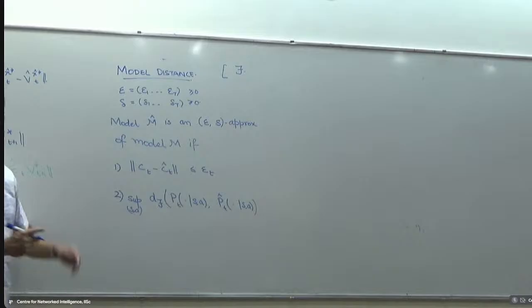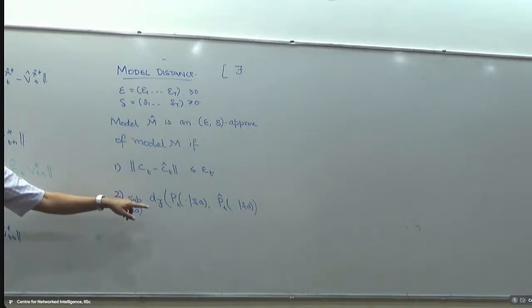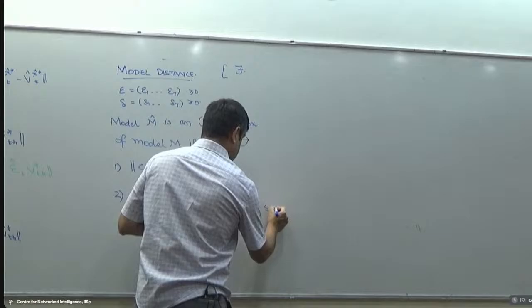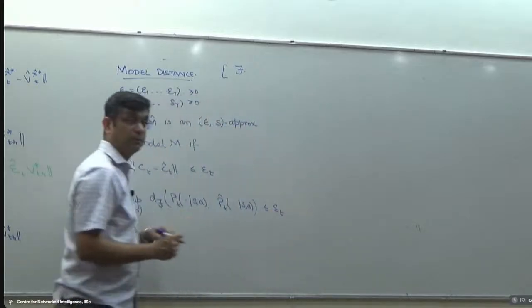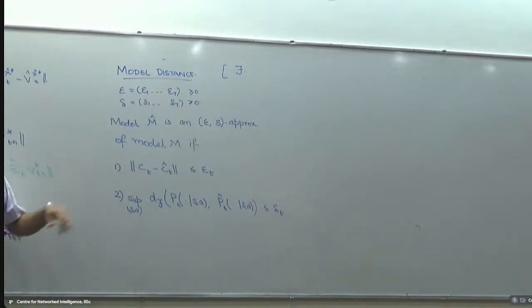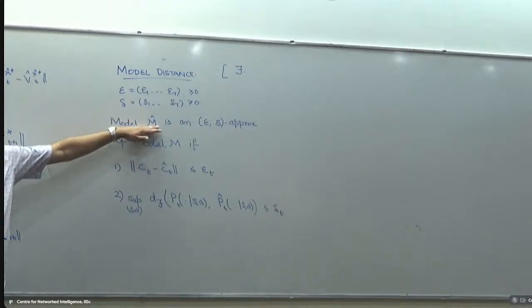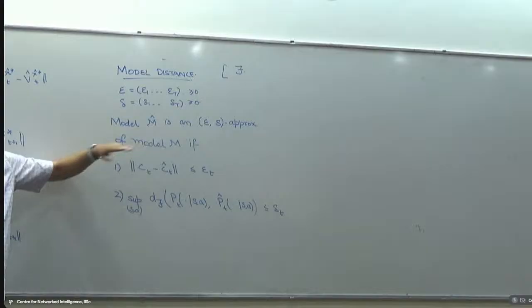So, the worst-case IPM distance between any two rows of my transition matrix, and assume that this is less than or equal to delta t. If these two relationships are true, I say model M hat is an epsilon-delta approximation of model M.